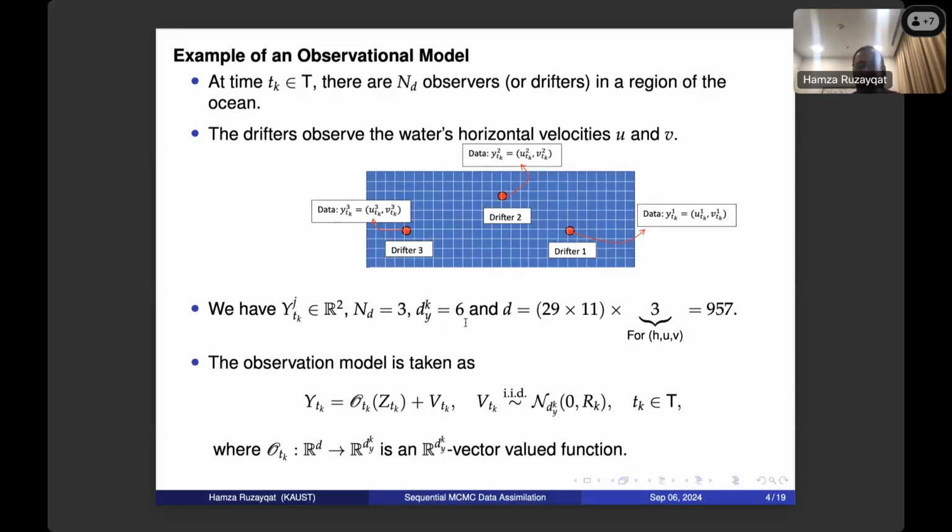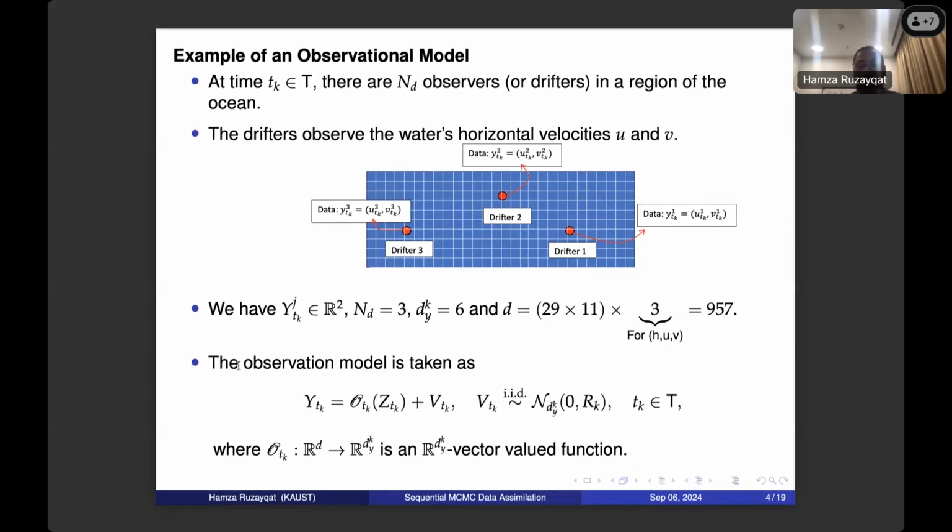And so the dimension of the observations is 6, that is 3 drifters times 2 variables, and the dimension of the state space model is the number of grid points, which is 29 times 11, times the number of variables per grid point, which are 3, the height h, the velocities u and v, which equals 957.